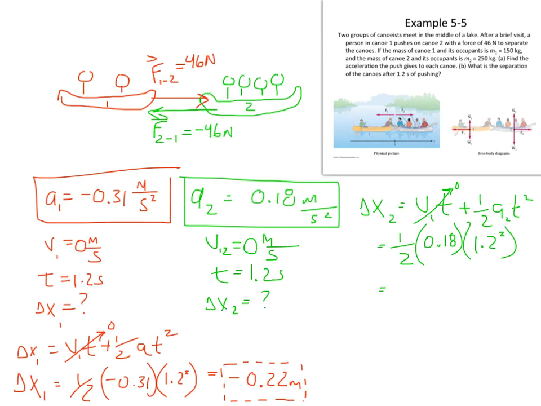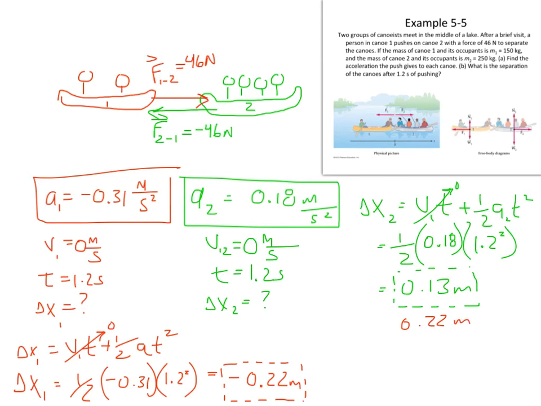All right, so that's 0.5 times 0.18 times 1.2 squared. I get 0.13 meters.